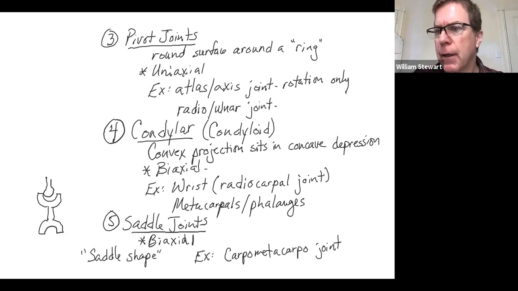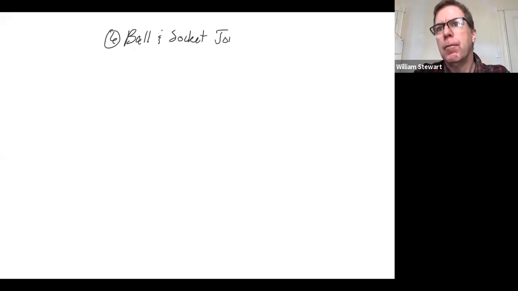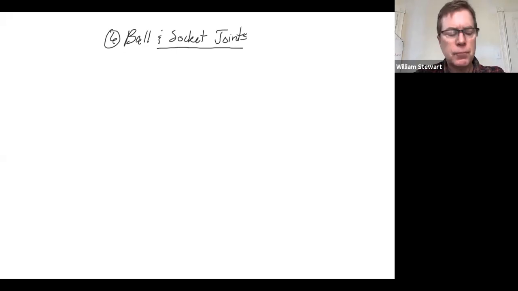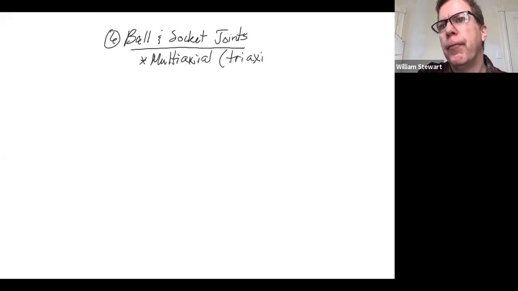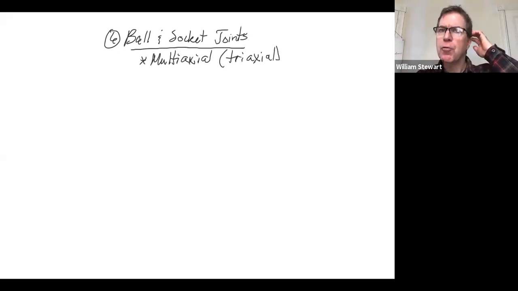Finally, ball and socket joints. I'm going to call up a new page and write number 6. Ball and socket joints tend to be triaxial or multi-axial. So we get movement in all 3 planes of space.